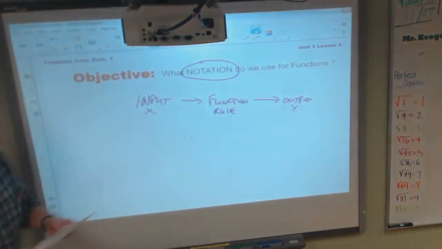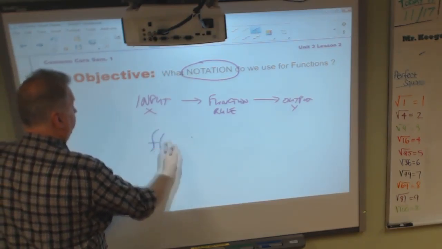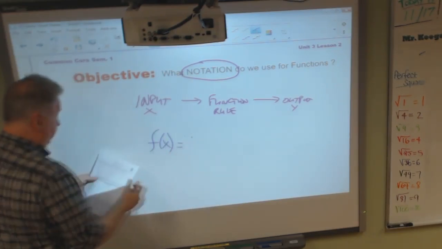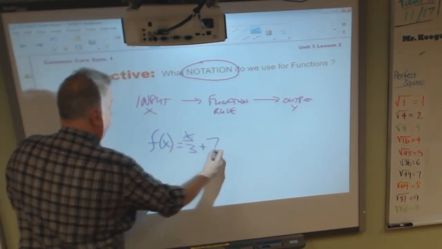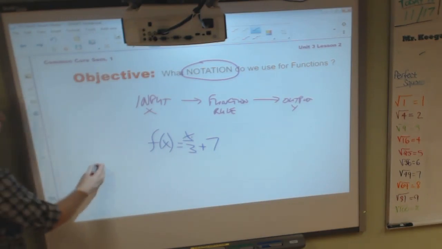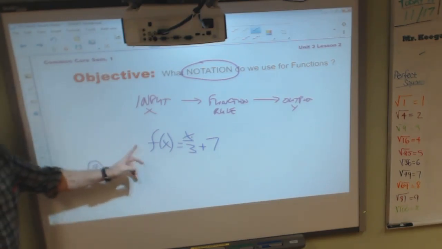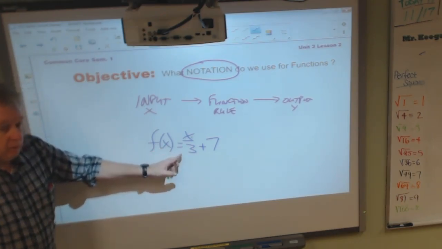All right, let's look at exercise 2. Exercise 2 says, here's a new function, f of x, and the rule is x divided by 3 plus 7. The first thing they want you to do is just describe in English what's being done to the input, or what's being done to the x.